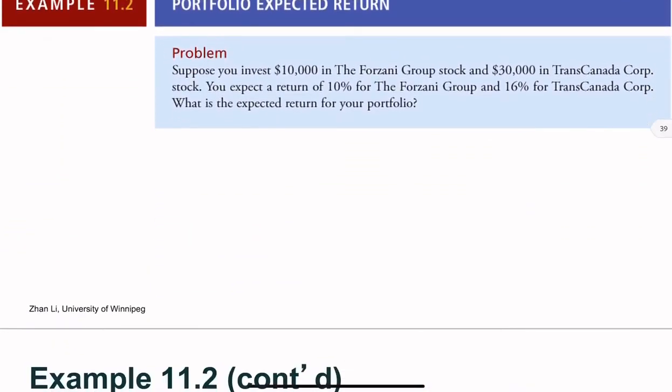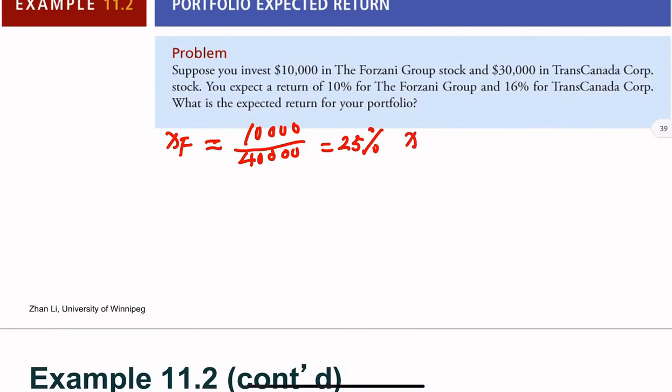So let's say I would call the portfolio weight of Forzani stock XF. And then you can see that the value of the Forzani stock is $10,000. And the total value of your portfolio is $40,000. So this gives you a 25% portfolio weight.